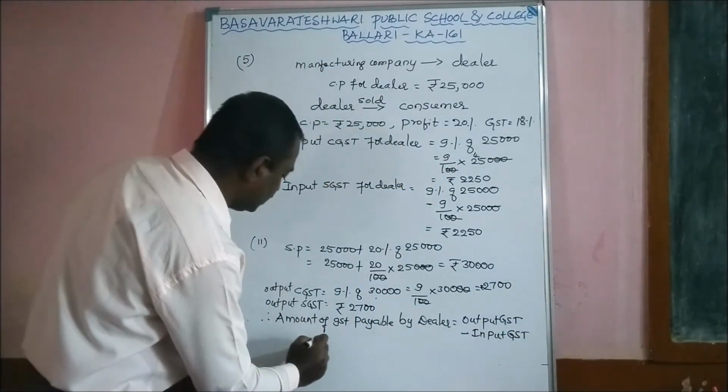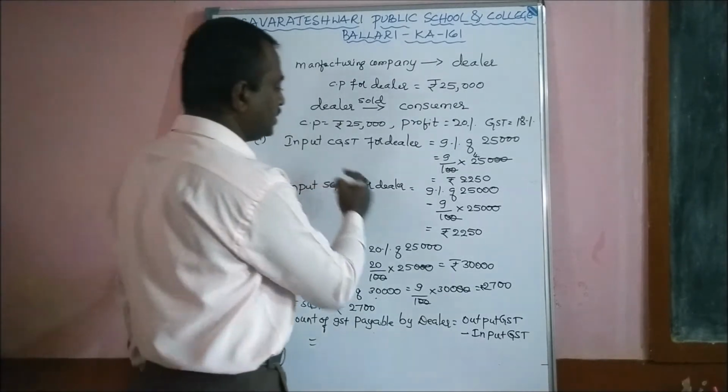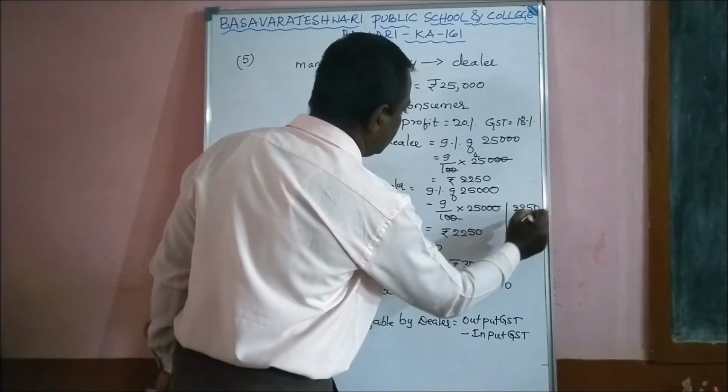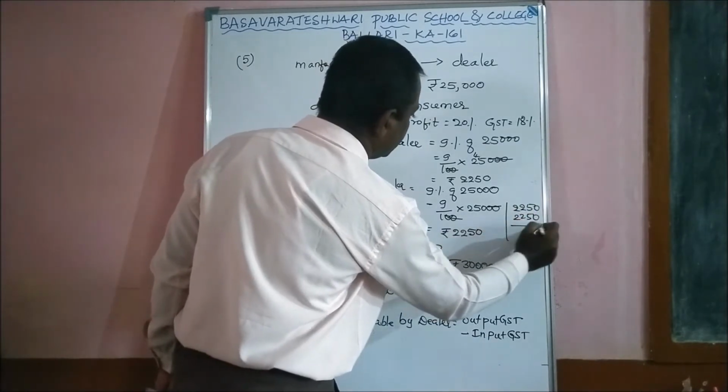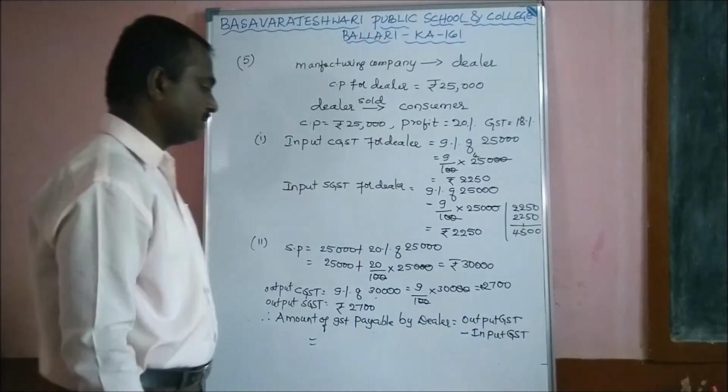So now we will add input CGST and input SGST, 2,250 plus 2,250, that is 4,500.